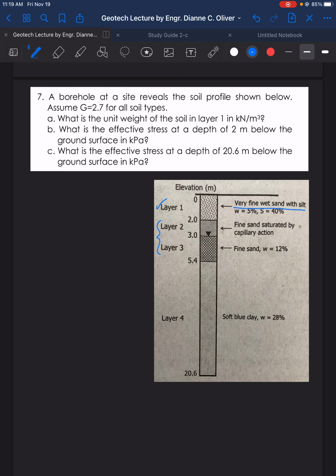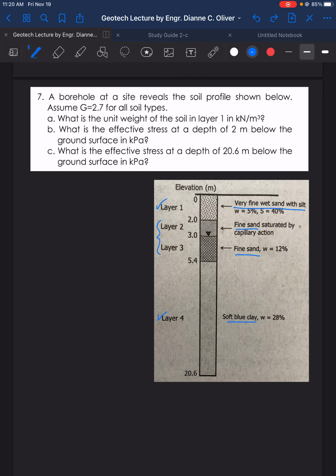And then layer 4 is another different kind of soil, soft blue clay. So fine sand for layer 2 and 3. The only difference between these two layers is that layer 2 is saturated by capillary action.